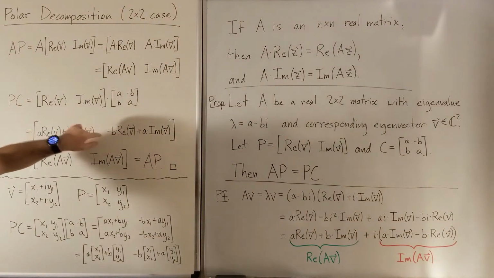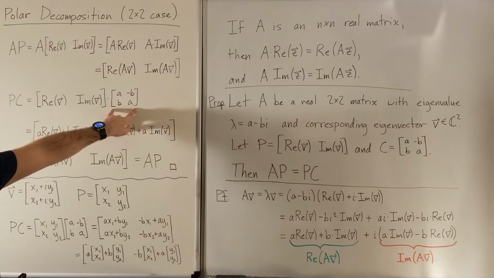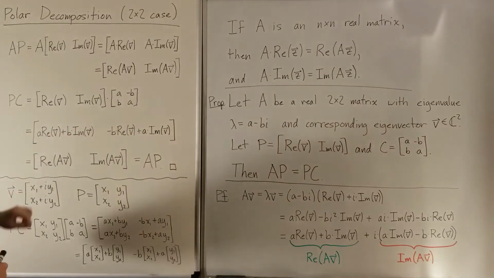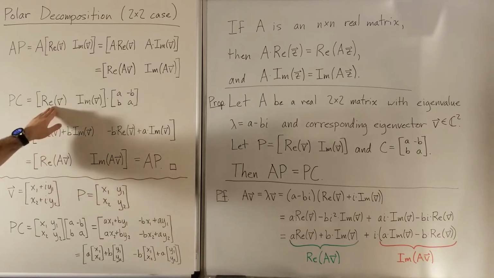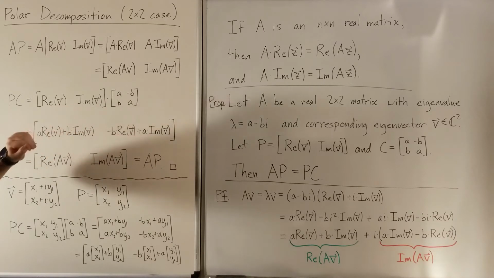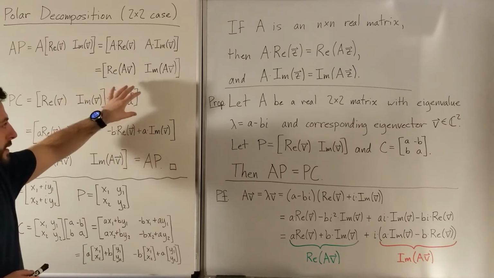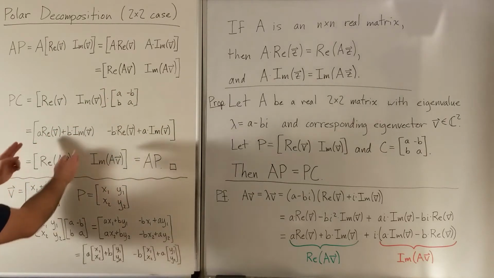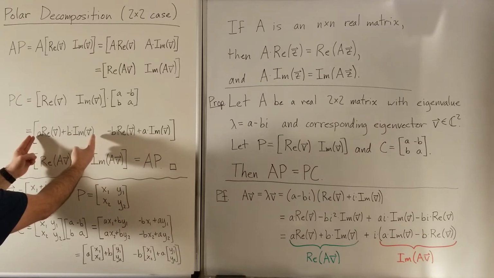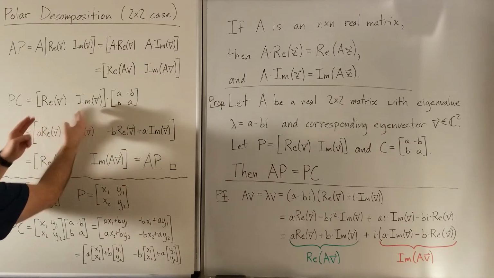I'm trying to show that AP is equal to PC, so now let's look at PC. Well, here we have P, and here we have the matrix C. When you're multiplying matrices like this, remember these are columns, and so this is a 2 by 2 times a 2 by 2. The answer is going to be a 2 by 2, and I'm writing the first column as a linear combination of these two columns.